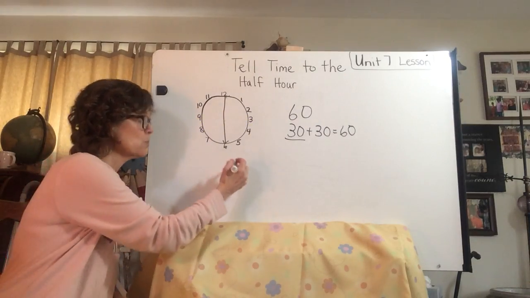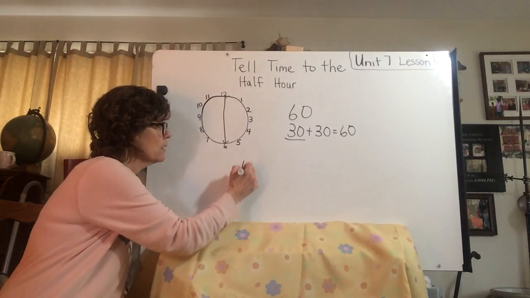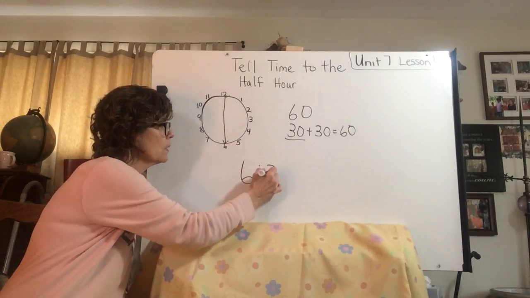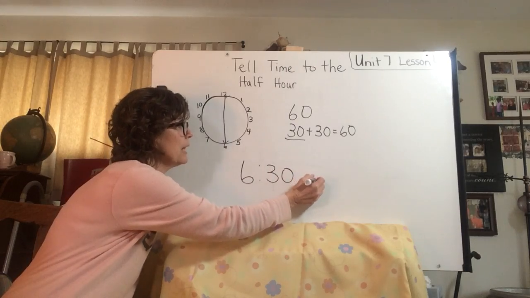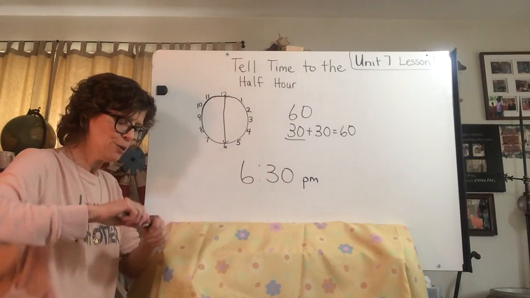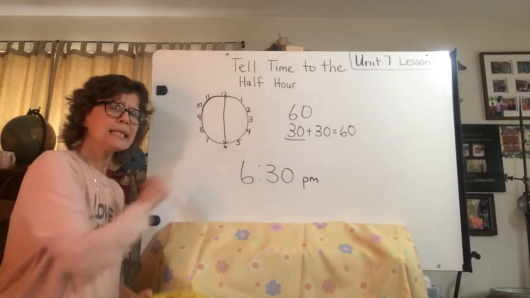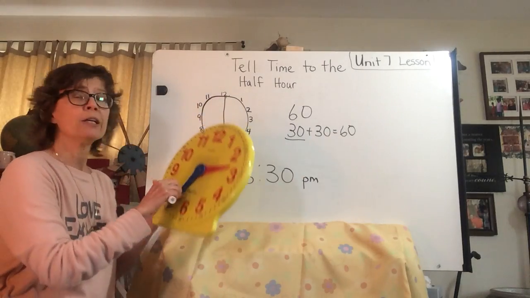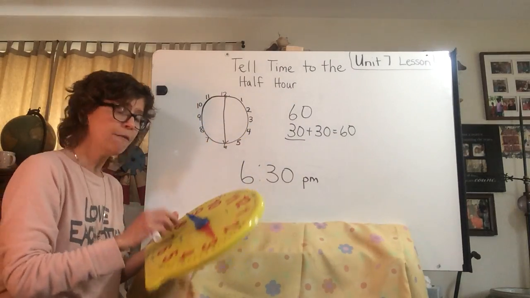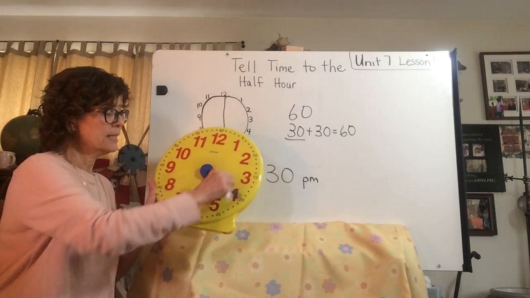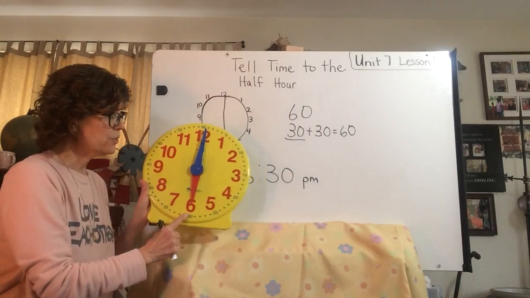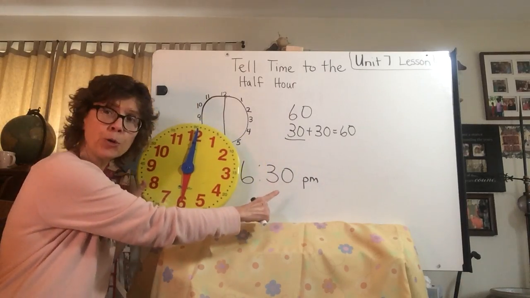All right, let's try this one. And I know we talked about AM or PM. I'll say PM. A lot of us are eating or watching TV or playing a video game. So here's 6:30 PM. I'm going to find the 6 o'clock first. So I'm going around to 6 o'clock. There's 6, but I need the 30 minutes.